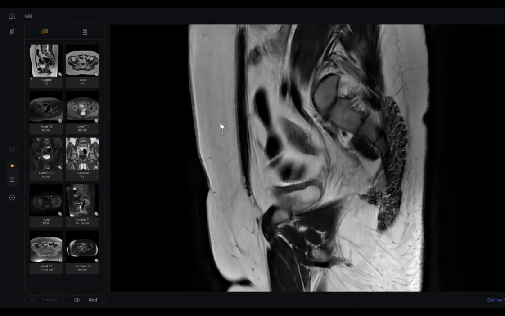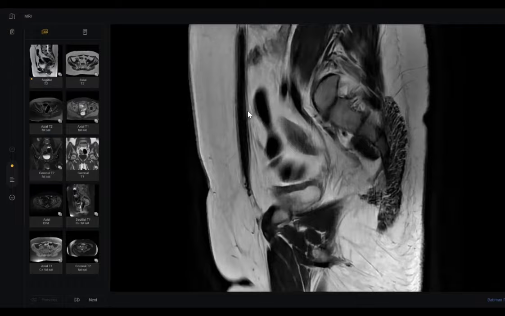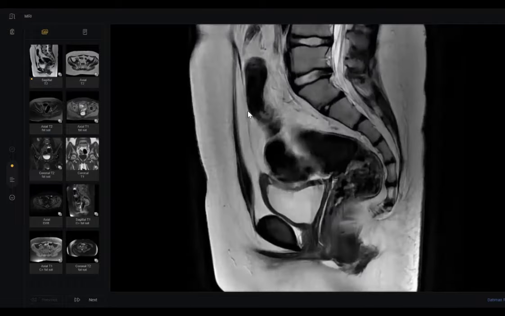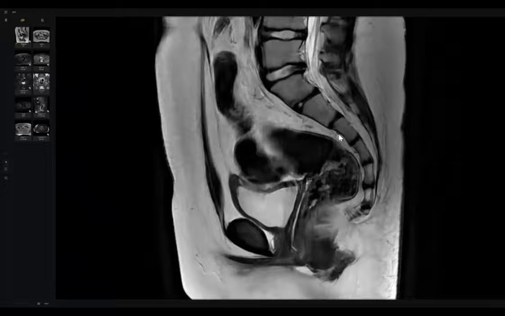A 13-year-old female patient presented with primary amenorrhea. Can I ask for the remote control? Can you hear me, Dr. Rami?